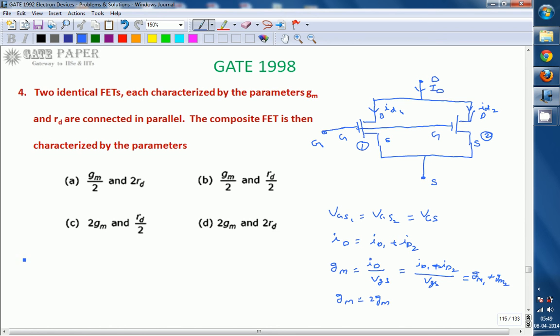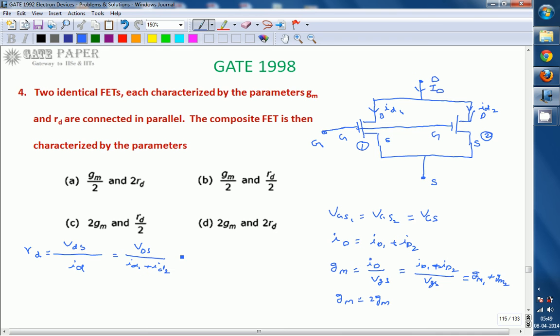Similarly, RD is the overall output drain resistance, RD1 is the drain resistance of the first transistor, and RD2 is the drain resistance of the second transistor. Here RD is equal to VDS, the overall drain voltage, divided by the overall drain current, which is VDS divided by ID1 plus ID2.